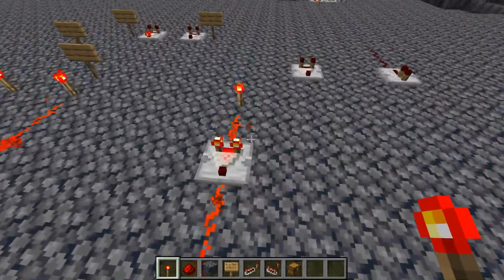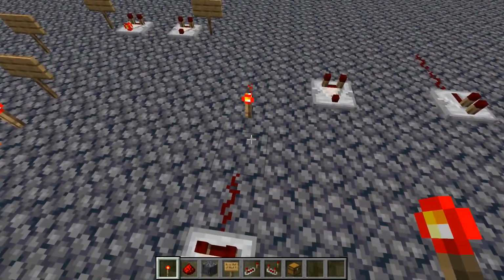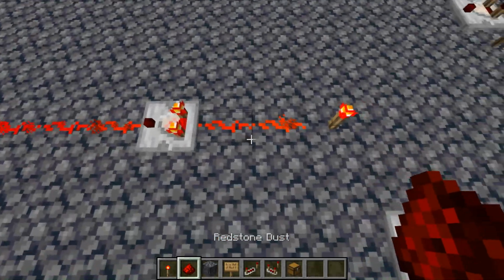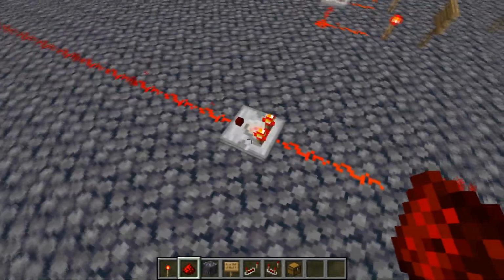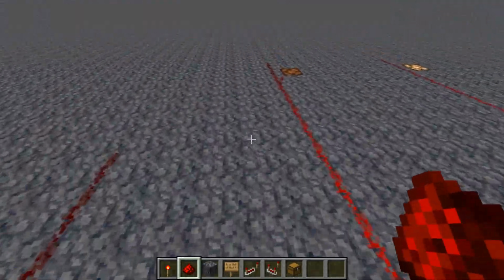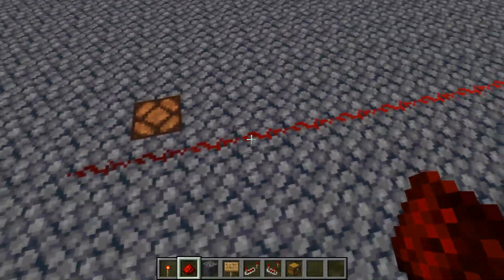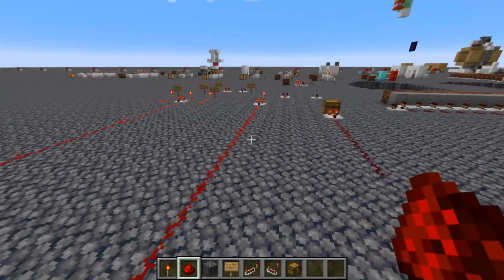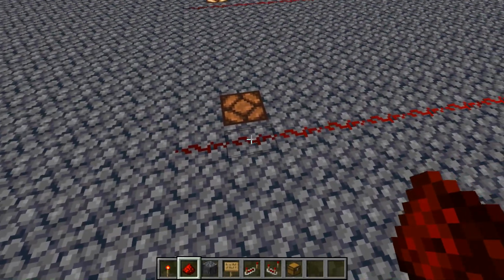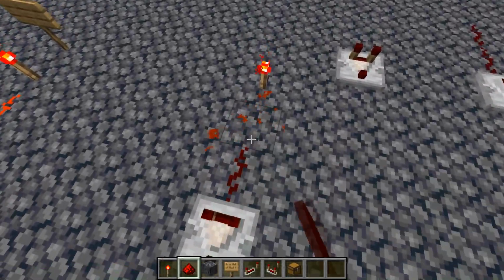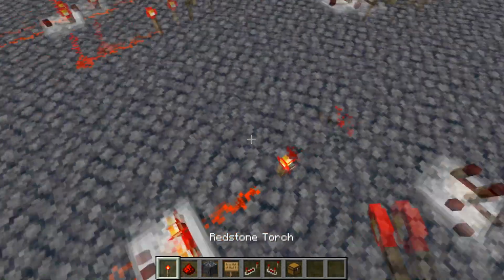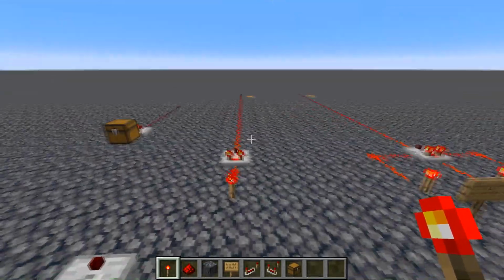Now, if I move this torch back one block, so signal strength 14 is going into the comparator, you will notice that the signal drops by one block because of that alteration. So make sure you're aware of that when it comes to comparators.